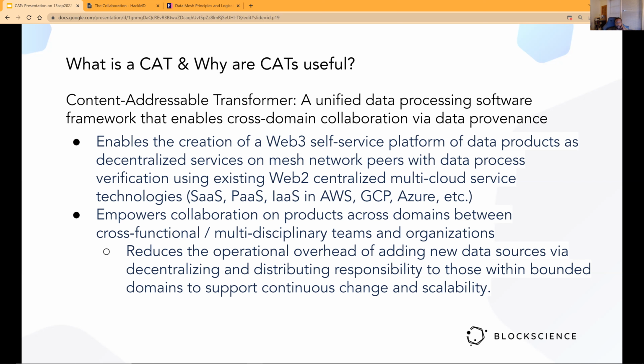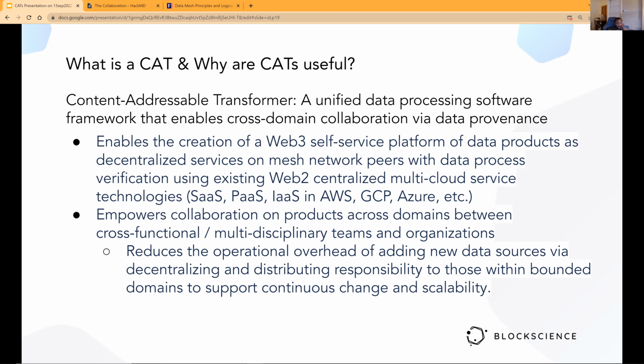In other words, if I use buzzwords to describe this kind of value, it's a multidisciplinary team working on an aspect of a product as a micro product deployed as a micro software as a service. So on the mesh network that we're envisioning, the CAT software will be deployed on nodes of it.